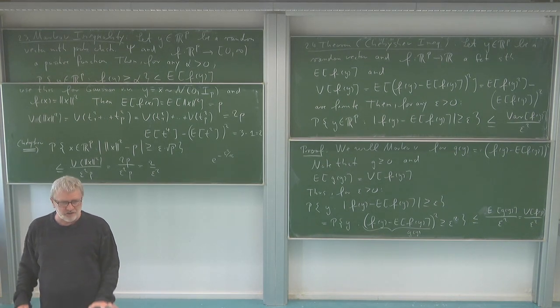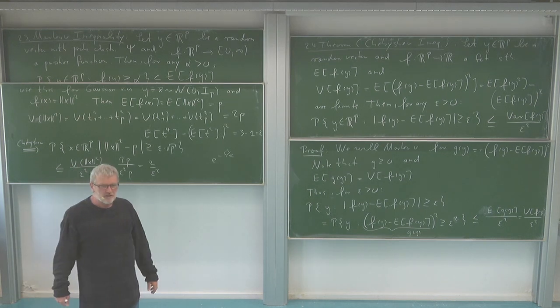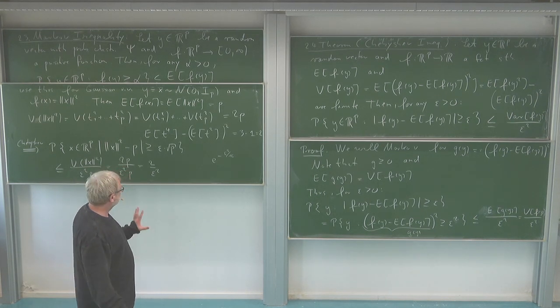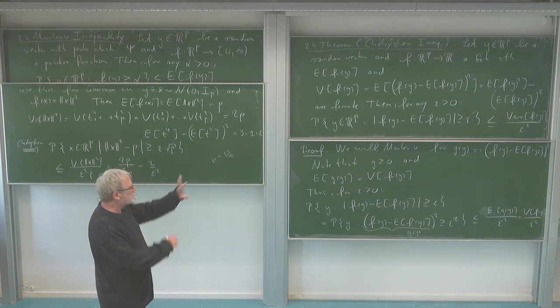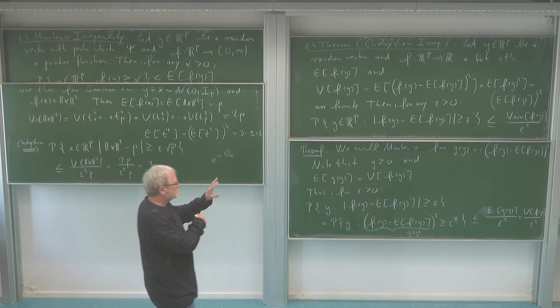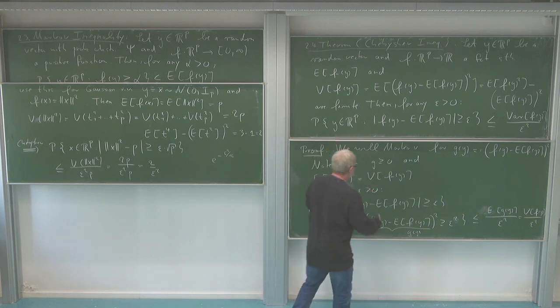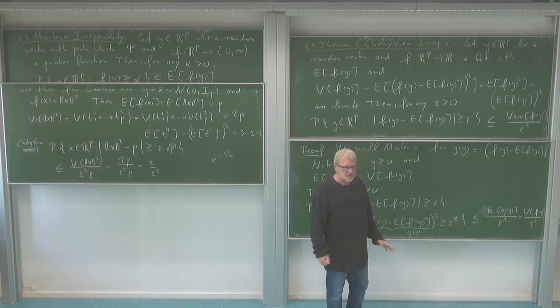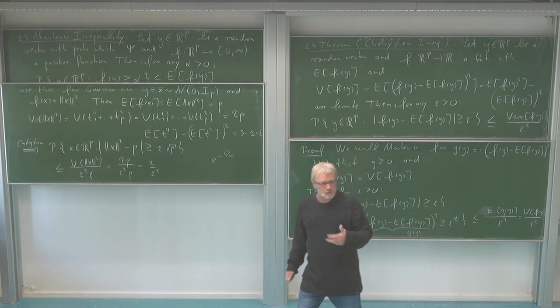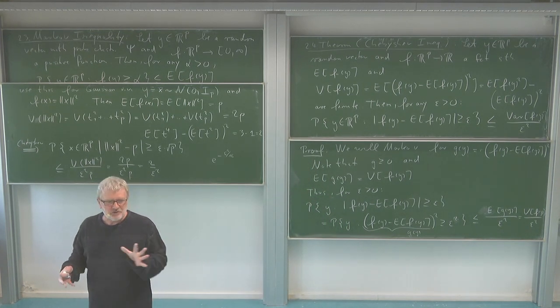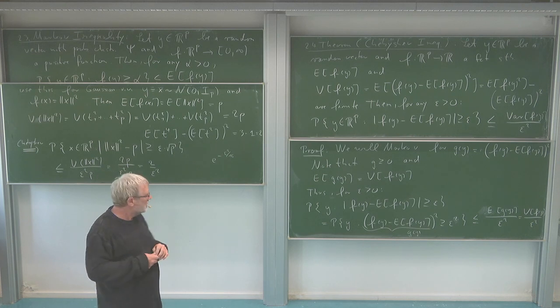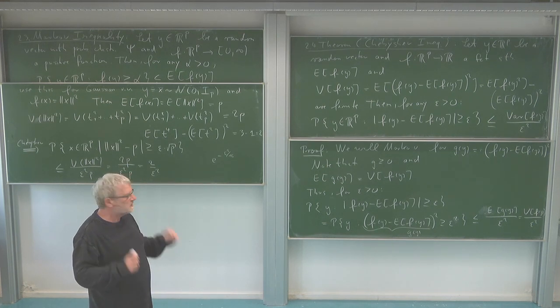Then the independence will of course become more and more important, and also that we have this linearity. Chebyshev and Markov are quite general, so for them you don't need any independence. But next time we will have to use independence, because otherwise we have very general statements which are not so useful. Okay. Good. So that's it for today.